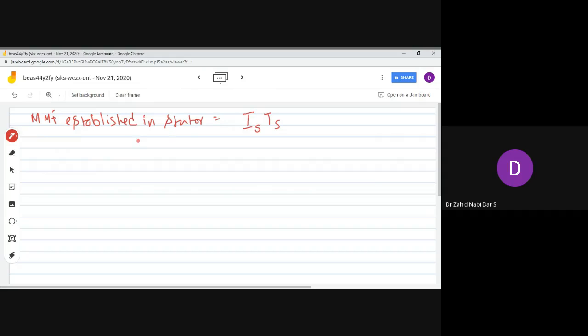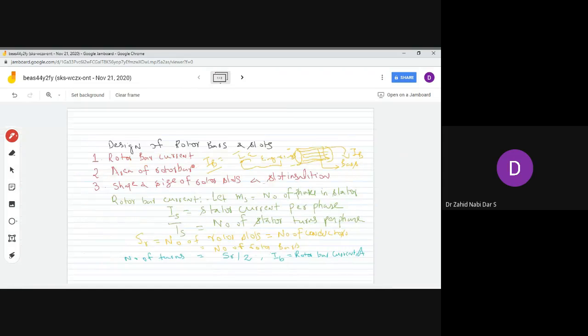But it's a three-phase stator, so you have to take into account the number of phases also. Where Ms is the number of phases in the stator, Is is the stator current per phase, and Ts is the number of stator turns per phase.